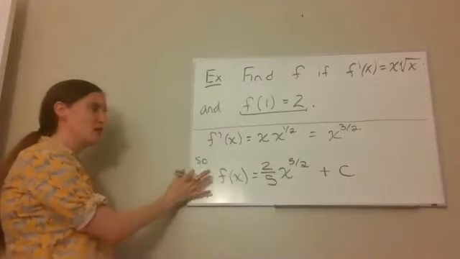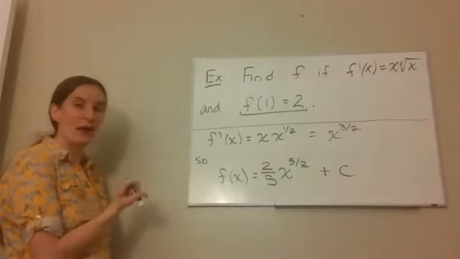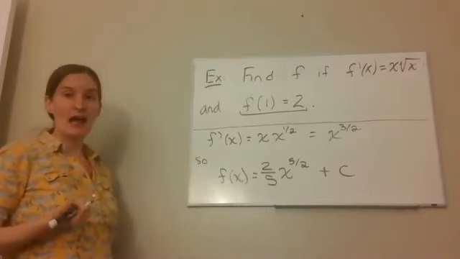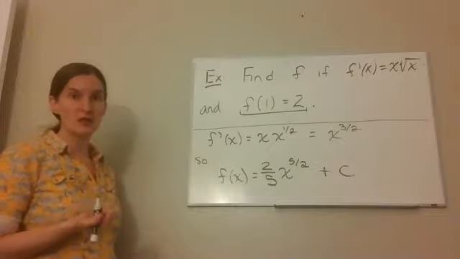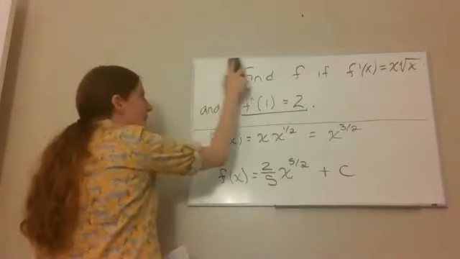This would be the general antiderivative of that function, but now I can find my constant because I have more info. I have that f with 1 plugged into it should get me a result of 2. Let's plug that in.